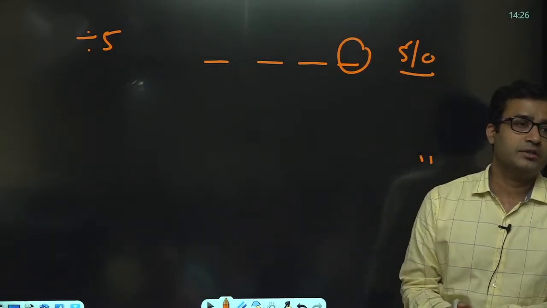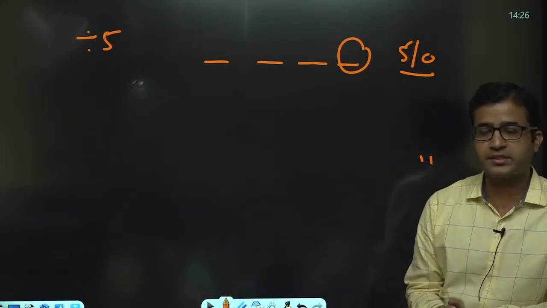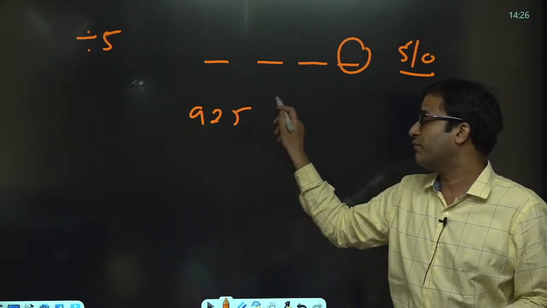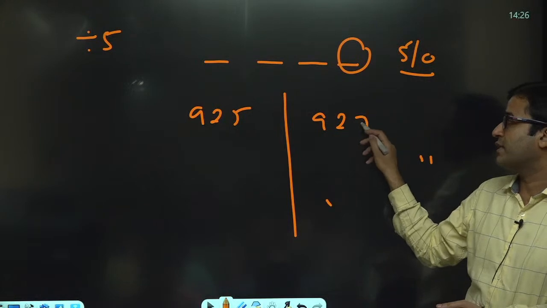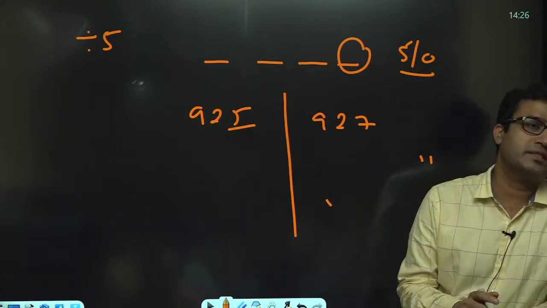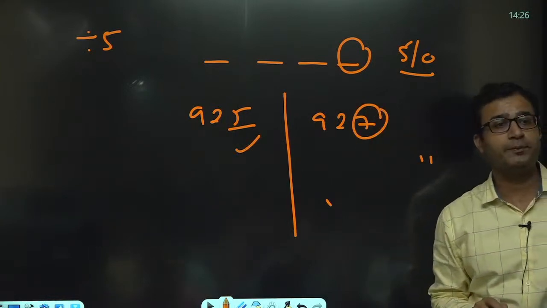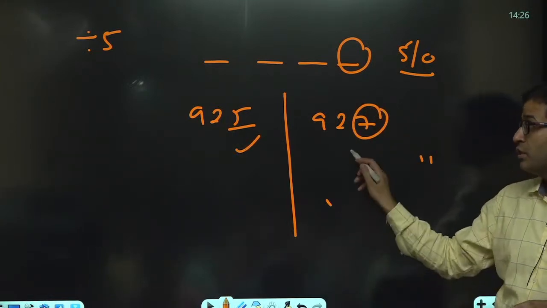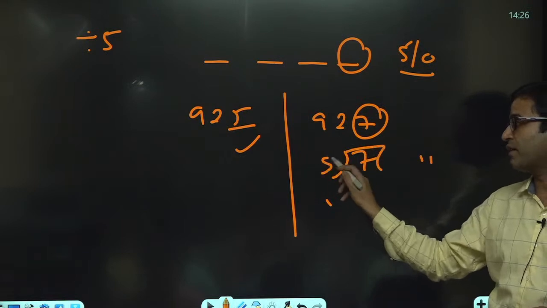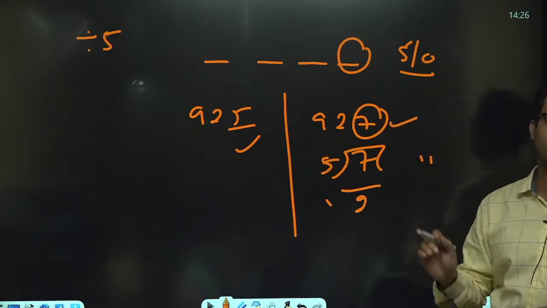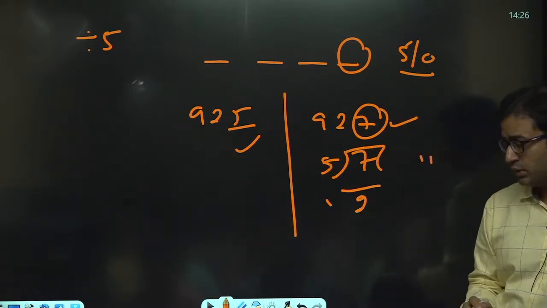If not, can you find the remainder? Yes. Like 925 and 927. Only the unit place will tell you the remainder. 7 divided by 5, what is the remainder? 2. So this number gives remainder 2.